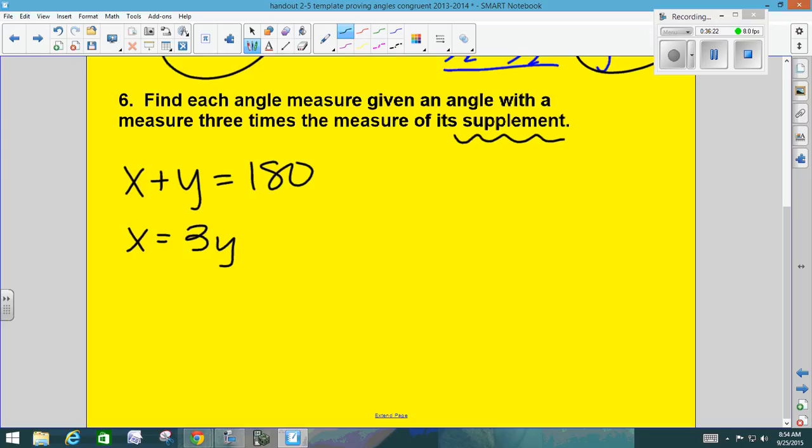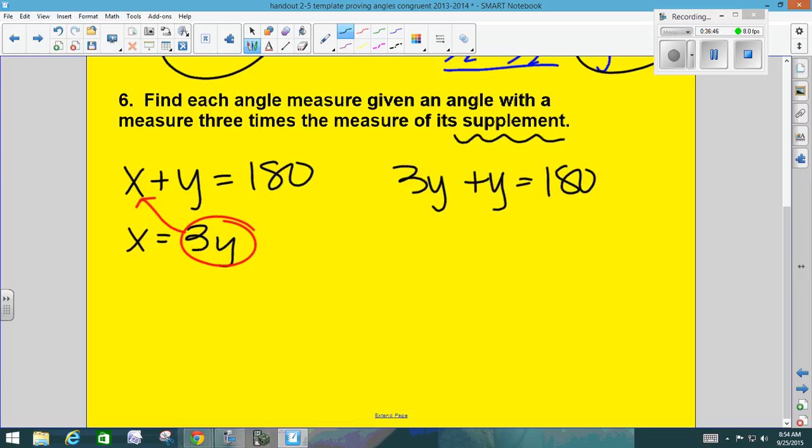Two unknowns, because I have two variables. Means I have two ways to solve it. You can eliminate or you can substitute. What do you think will work better here? Substitute, because I have x by itself. X equals 3y. Substitute 3y in for x in the first equation, and you get 3y plus y equals 180.